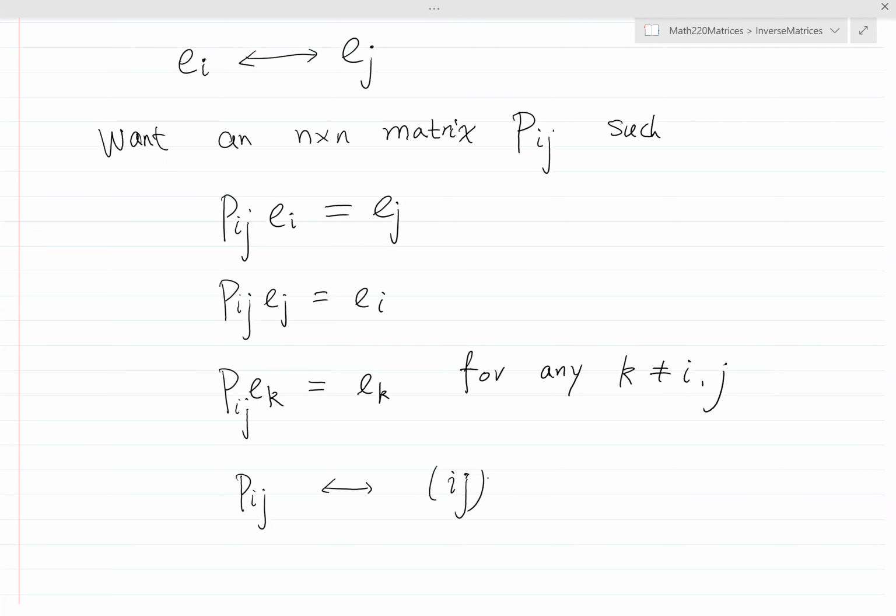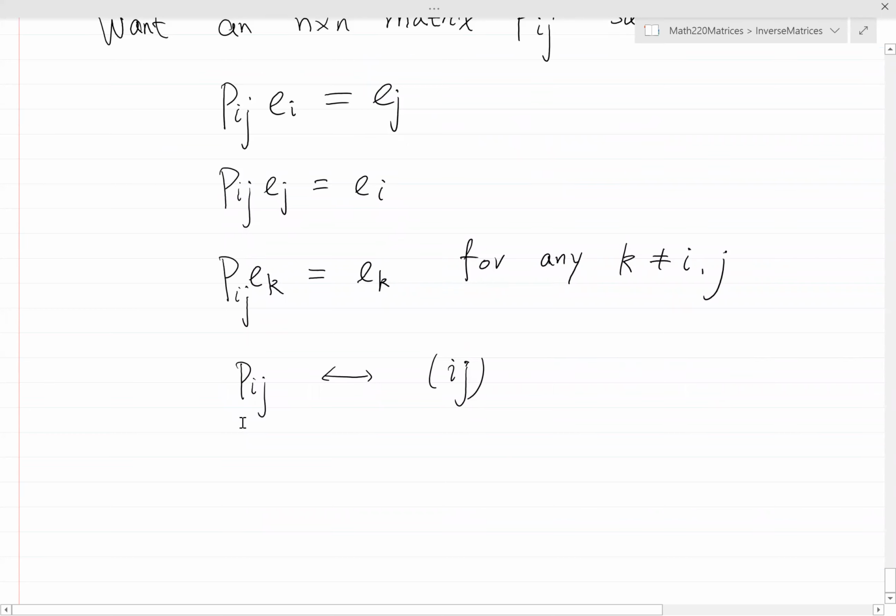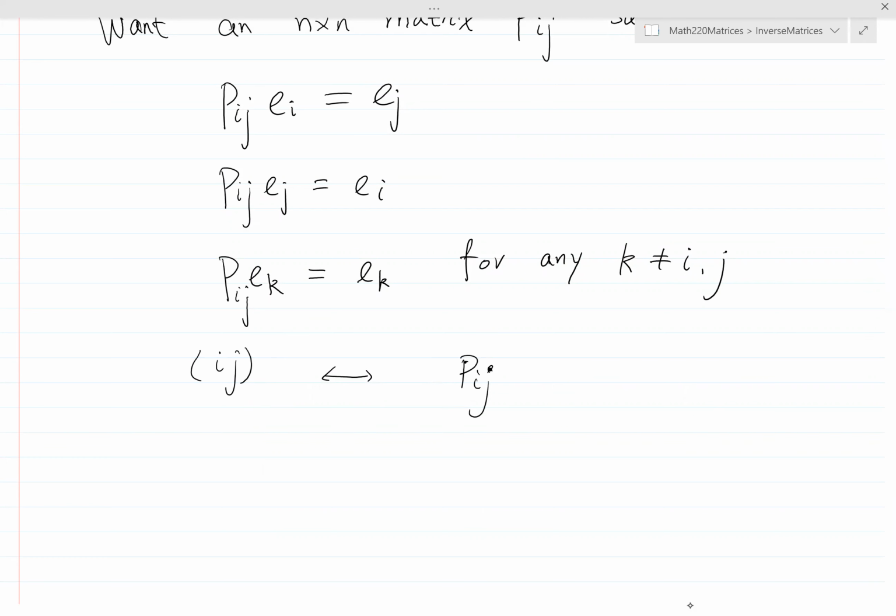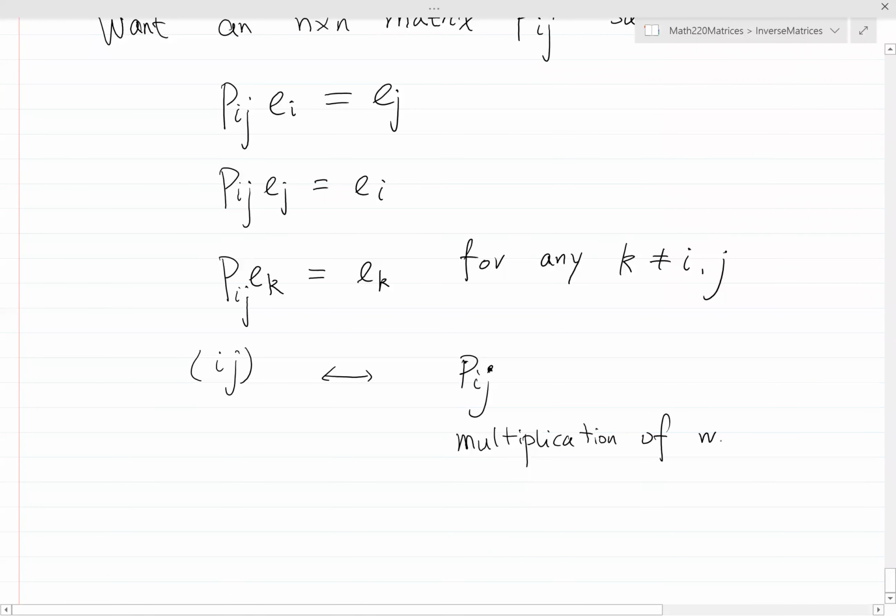So we have this picture. So this transposition (i j), we use Pij as its matrix. For matrices, we have multiplication of matrices.